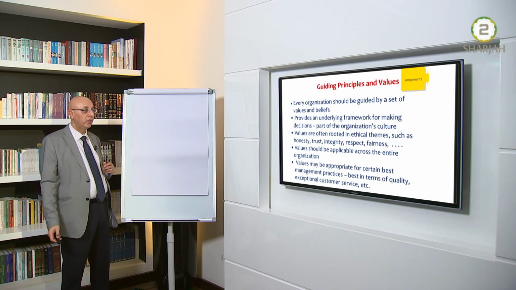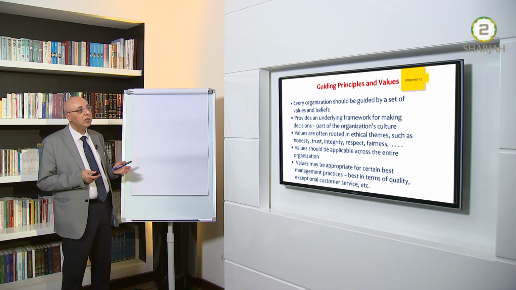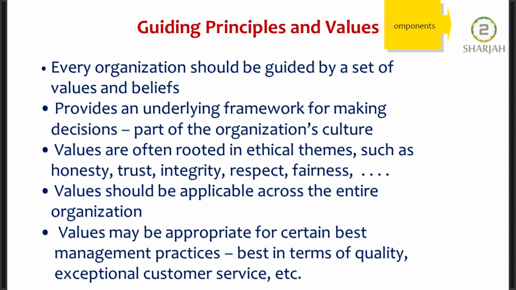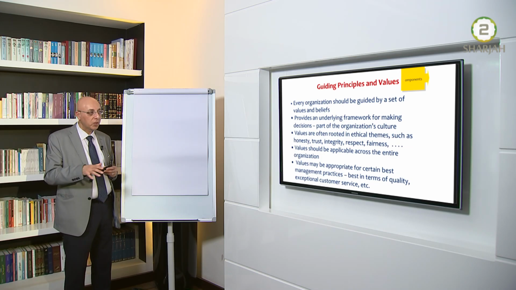Where are we moving? Then we set the guiding principles and values. Every organization should be guided by a set of values and beliefs. And the whole program is a spirit of values that will direct our decisions as an organization. Also, it provides an underlying framework for making decisions, part of our culture.